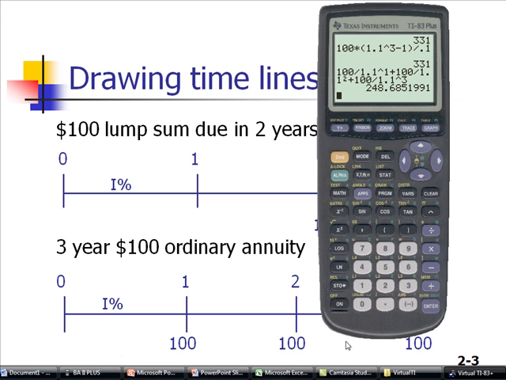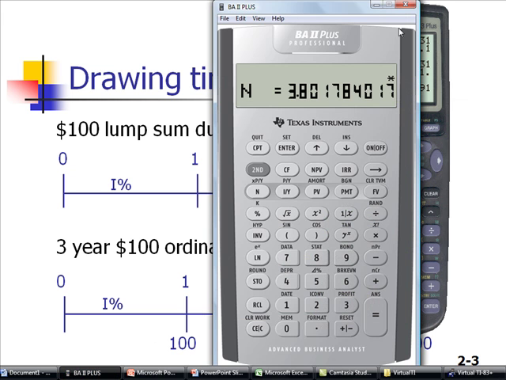And that's as good an approach as any. In fact, you can do that on the TI BA2 Plus.